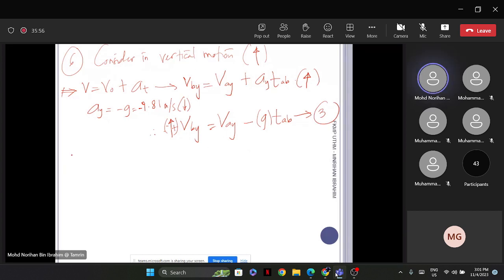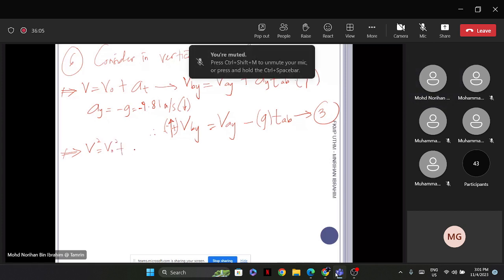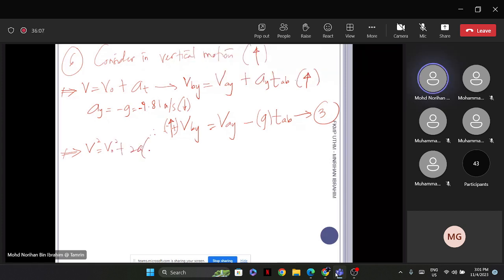Then we continue to the next equation, which is v square is equal to v naught square plus 2a, s minus s naught.